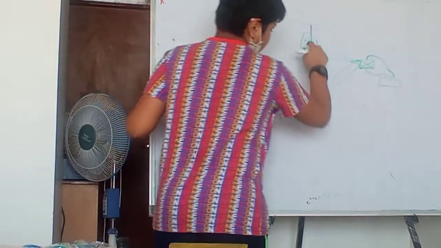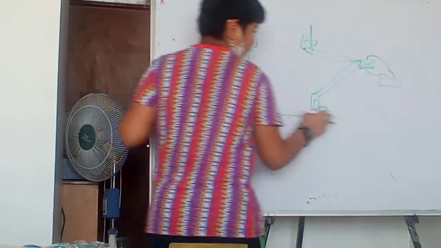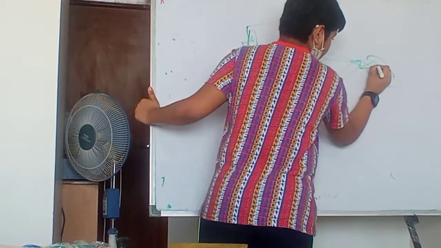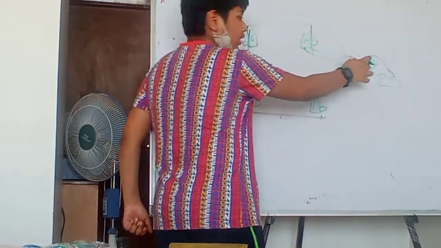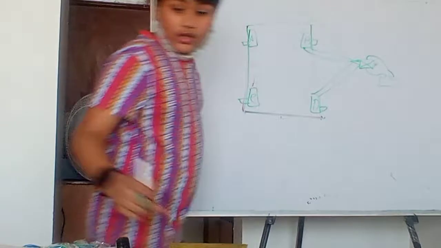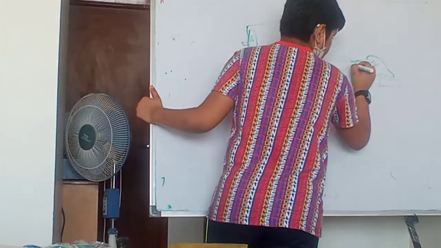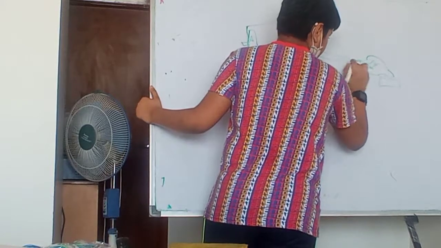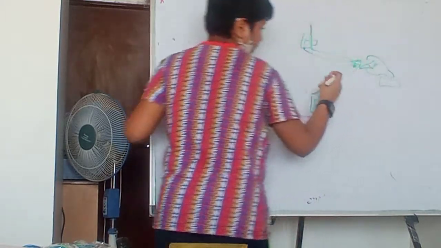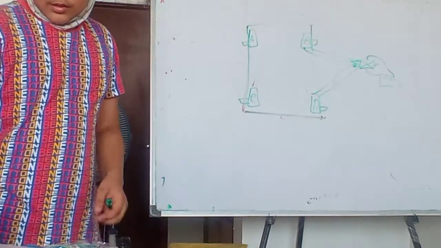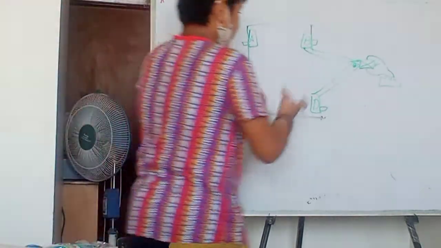So B and D motors are connected to this DPDT switch, and suppose this is the forward of this. If I press this, then the motors will rotate clockwise and the car will go forward. And this side is the backward. If I press this side, then these will rotate anti-clockwise and the car will move backward.